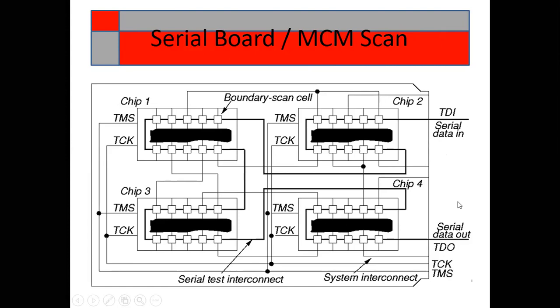So here there is multiple scanning through the boundary scan. Boundary means we are scanning the output pins connected to that IC, not the internal part. So the output part we are testing.